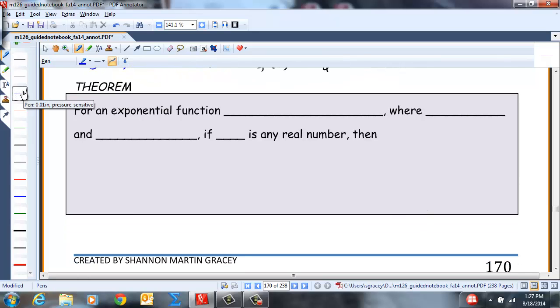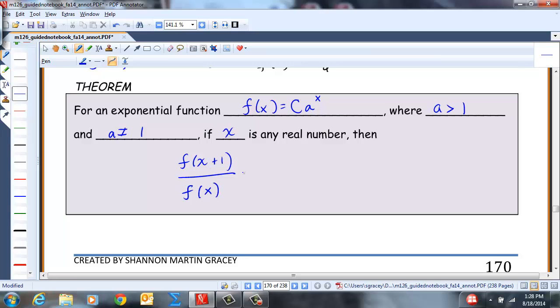For an exponential function, f at x equals c times a to the x, where a is greater than 0 and a is not equal to 1, if x is any real number, then f at x plus 1 divided by f at x is equal to a.